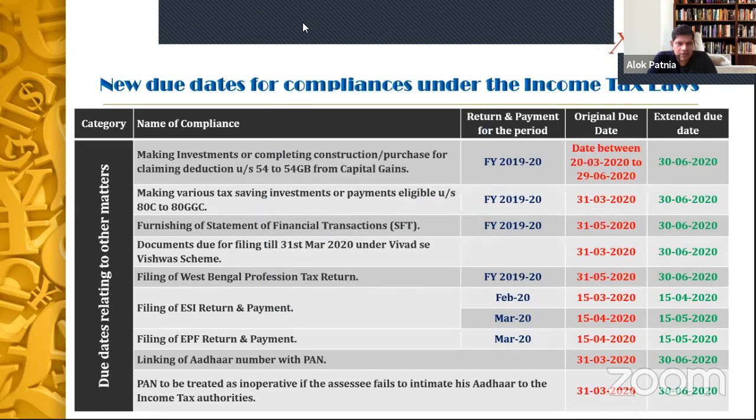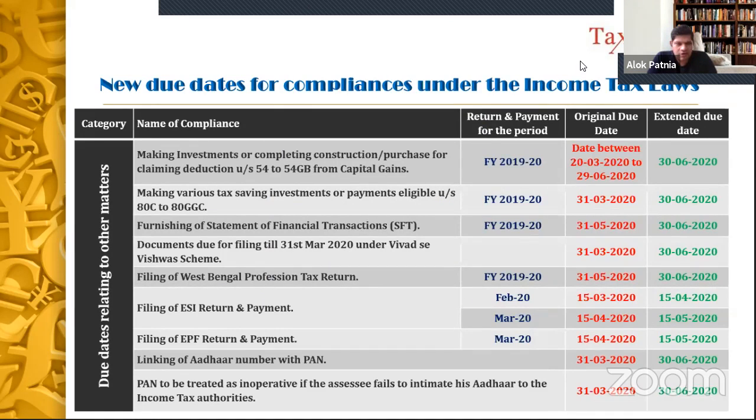Earlier the due date was 31st of March, but this has been extended to 30th June, and to my mind this will be extended further because of this lockdown, because assessees have not been given the opportunity to explore the scheme yet. Yes, sir. Correct.